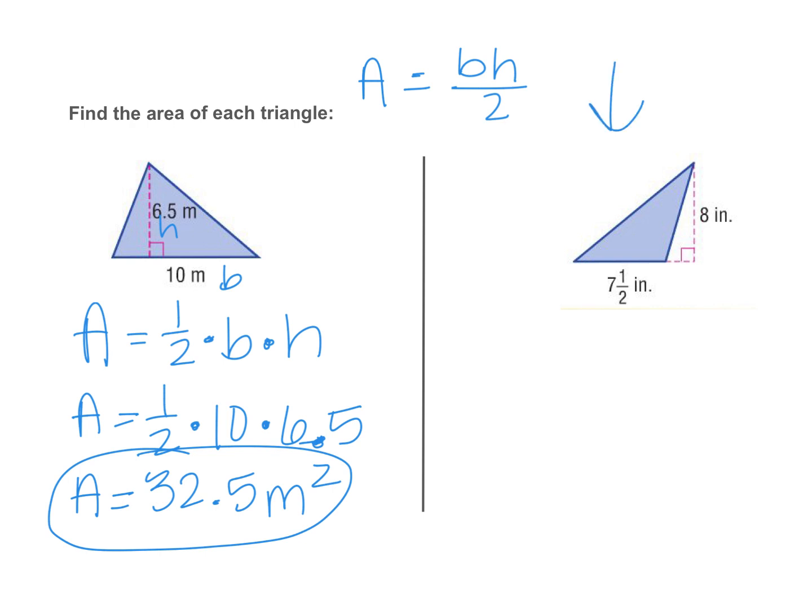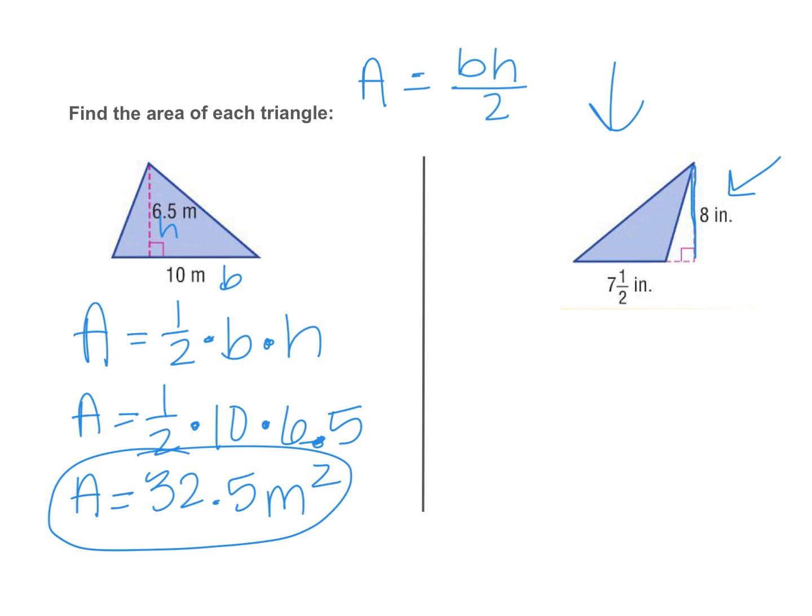And then if we look at this one, this 8 right here, even though it's not part of the triangle, it's still telling me that it's the height, because if I were to make a perpendicular line in there, then it would equal 8, and it has to take account for the whole part of the triangle.